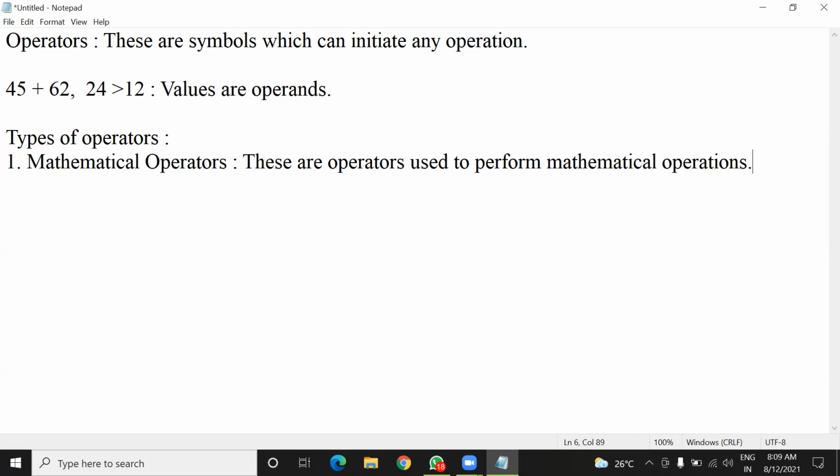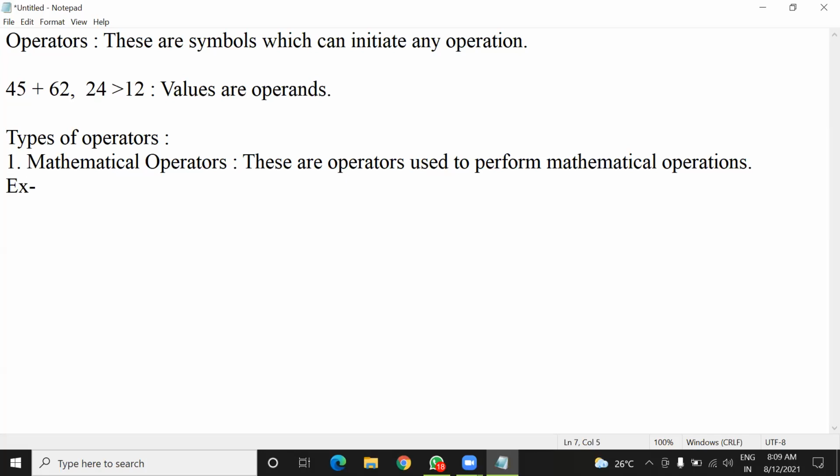So what are the operators included in mathematical operators?